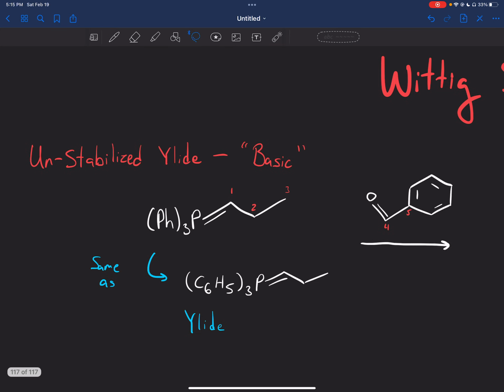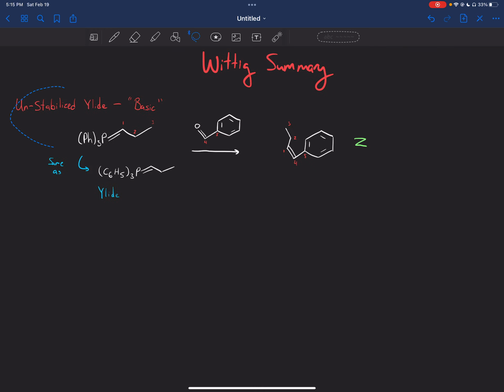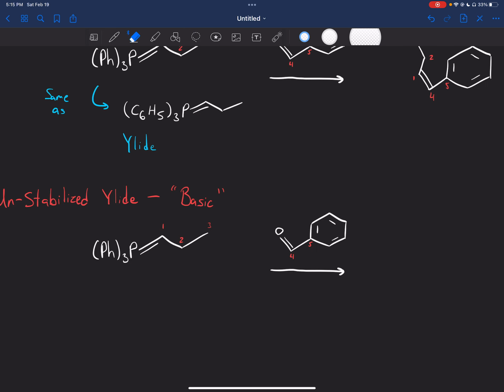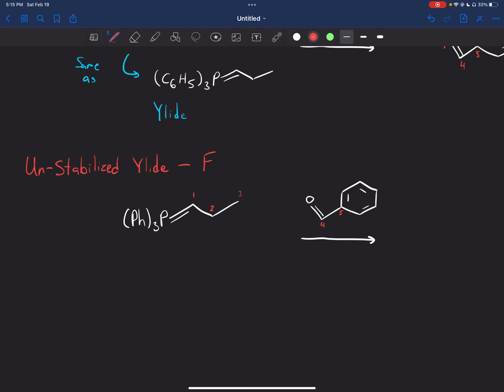Now, still keeping with the same theme of the unstabilized ylid, we're going to still use an unstabilized one, but we're going to add something to it. This is the second one we learned. In this case, we're going to use the extra base modification.